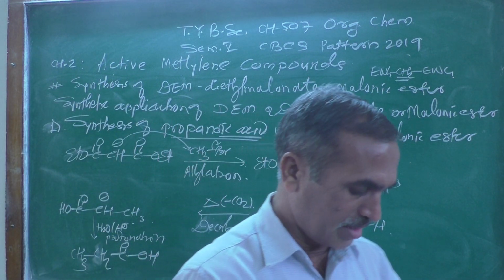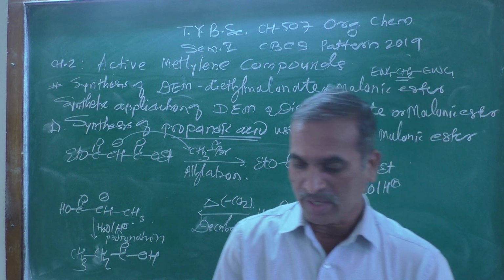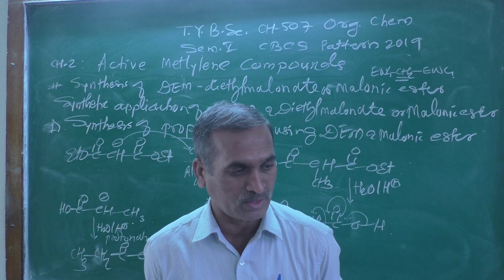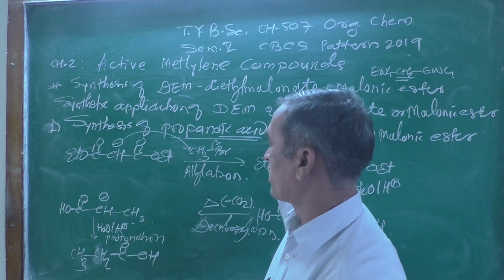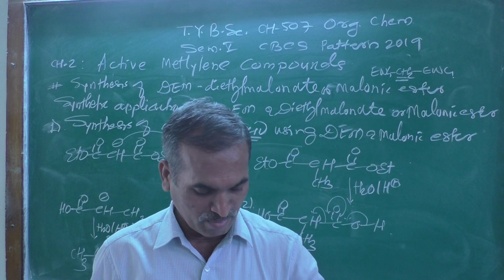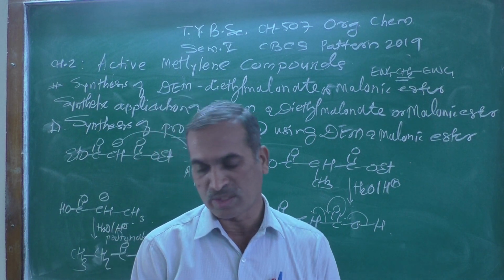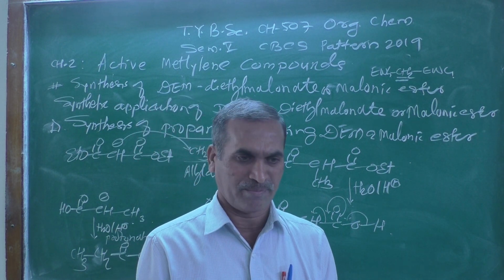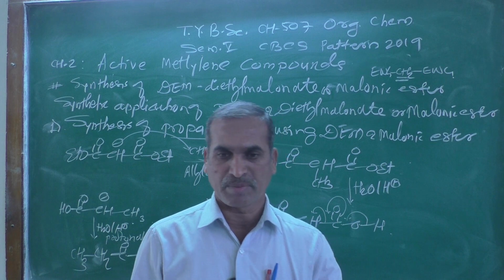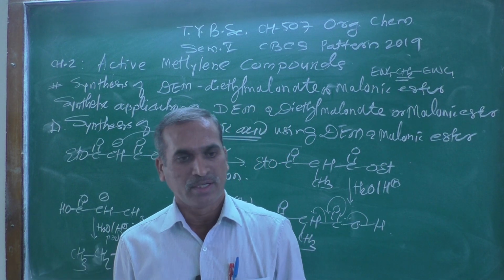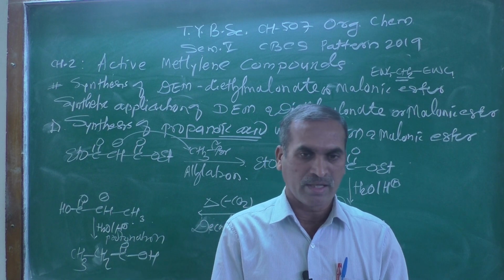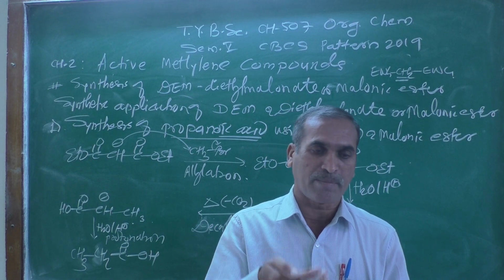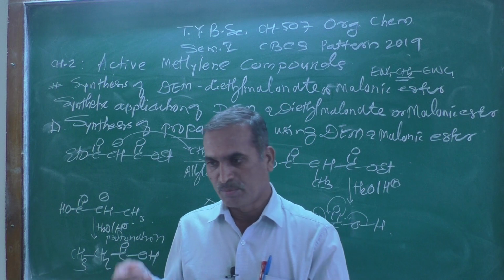So in this way we can prepare the target molecule in the laboratory by using diethyl malonate or the malonic ester. This is the usual way. This chapter is very simple if you pay attention from the beginning and remember the steps.